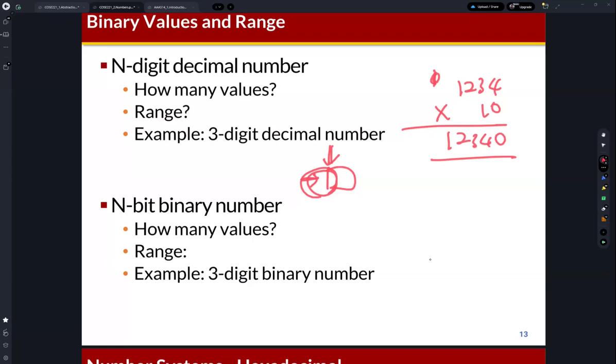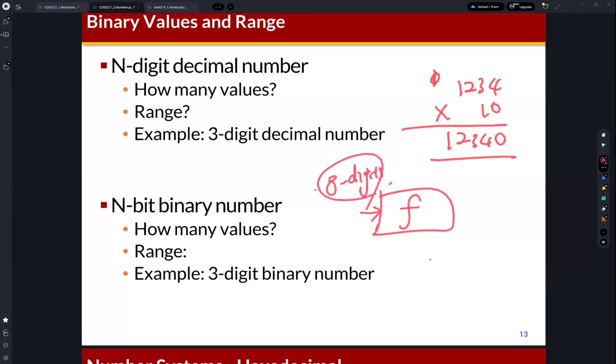If a certain hardware resource is used for a certain digit, we cannot increase or change this hardware resource. It's fixed. For example, this is a hardware module. It performs a certain function, and it receives binary data. But this hardware can only handle 8 digits of binary number.